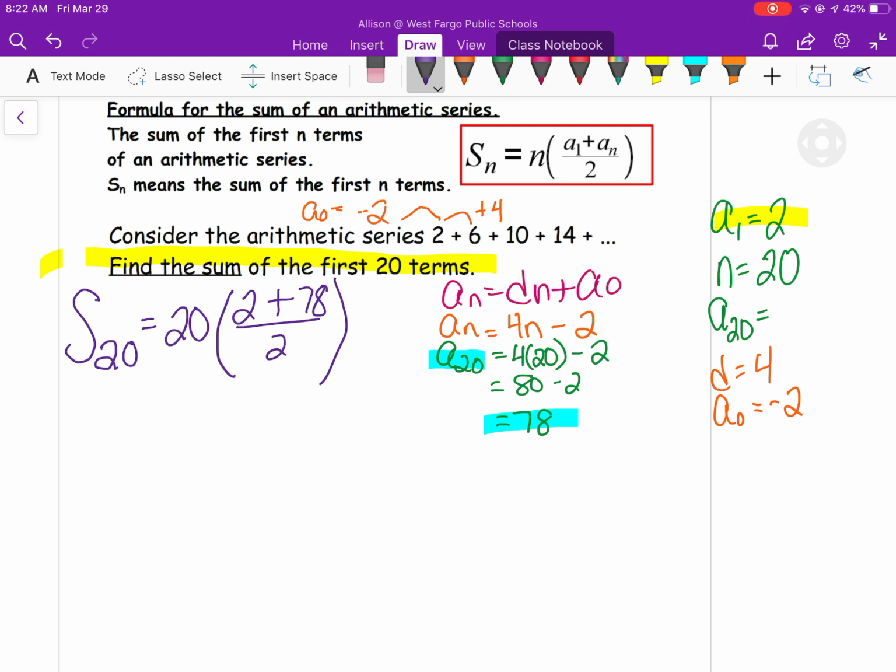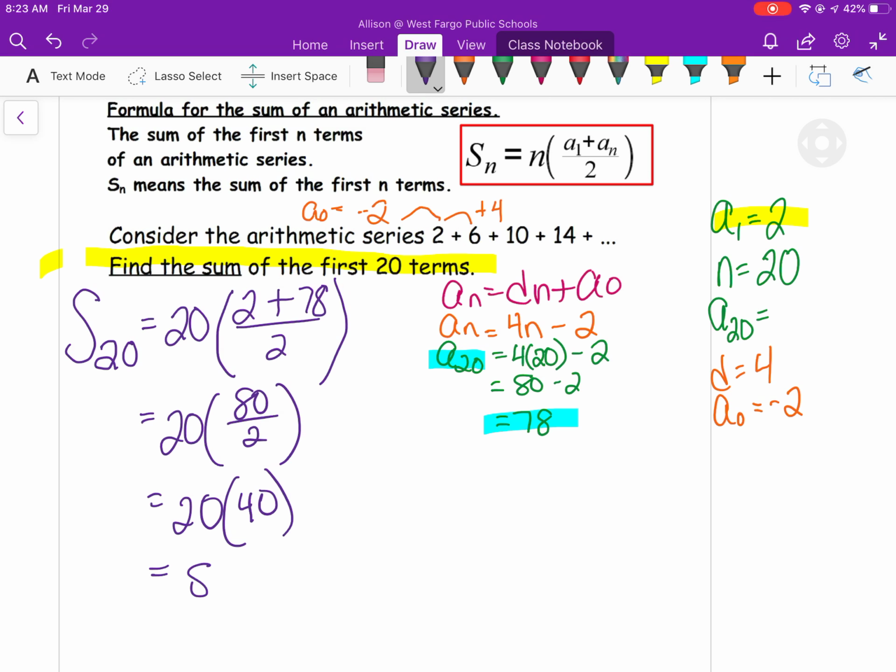And then just working through the math here, we're going to have 20 times 80 divided by 2. So 20 times 40, 2 times 4 is 8, and add 2 zeros. So the sum of the first 20 terms of this series is 800.